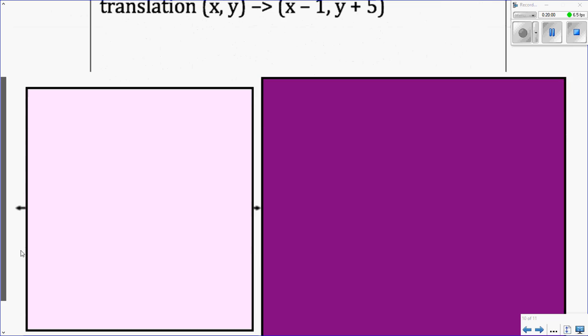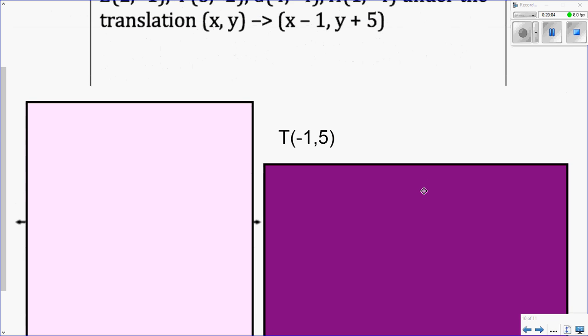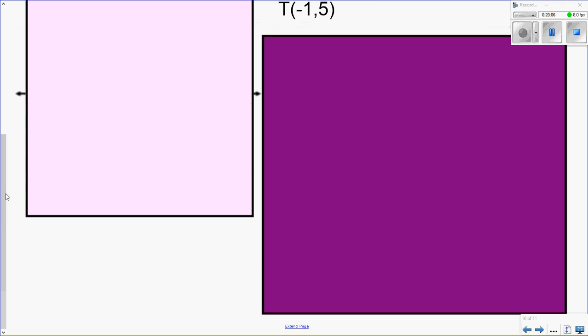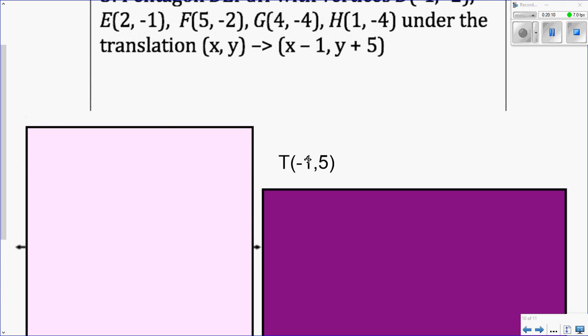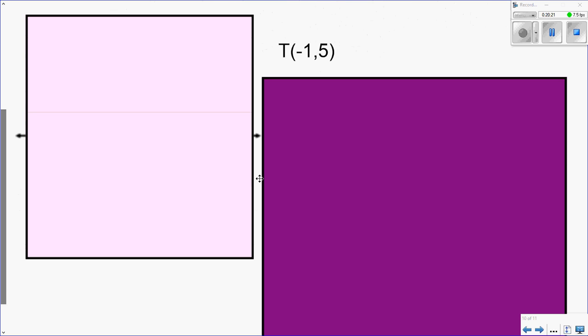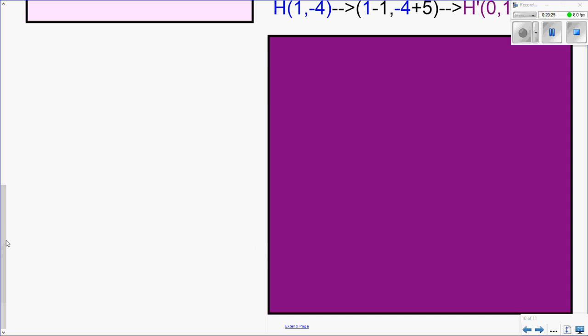So if I were to show my translation in a shorter version, that means T is negative 1, 5. This is how many units I'm moving to the left, and 5 is telling me I'm moving 5 units up. All right, so once I've got that, I would put all the vertices that they gave me from D to H.